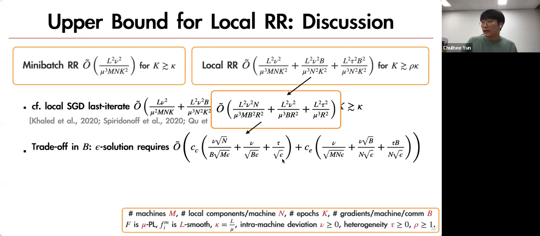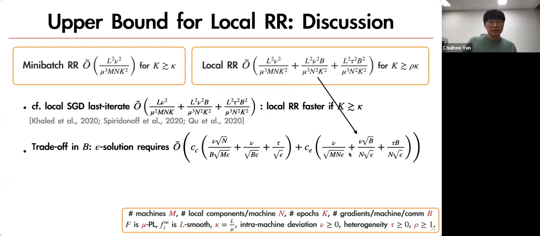So this is the communication complexity, and this part is the epoch complexity. You can see that if B is too large, then the epoch complexity becomes too large, and if B is too small, then the communication complexity becomes large.